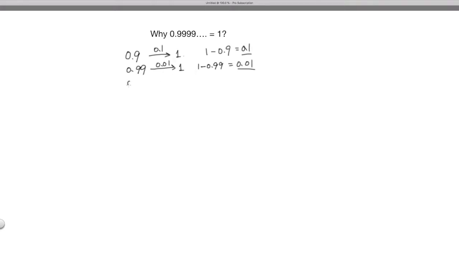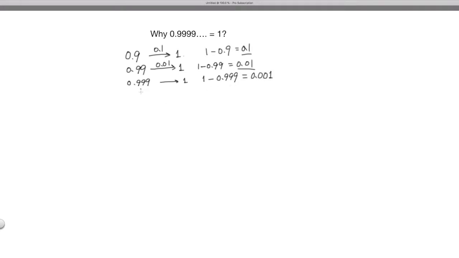How about if you have three 9s? 0.999. What's the difference away from 1? It's 1 minus 0.999, which equals 0.001.